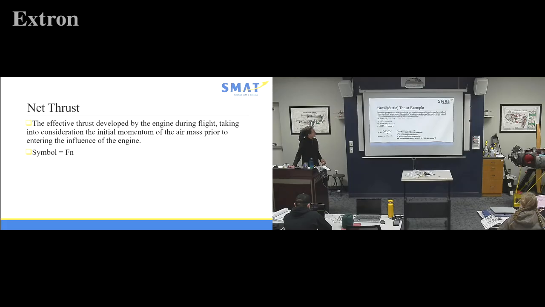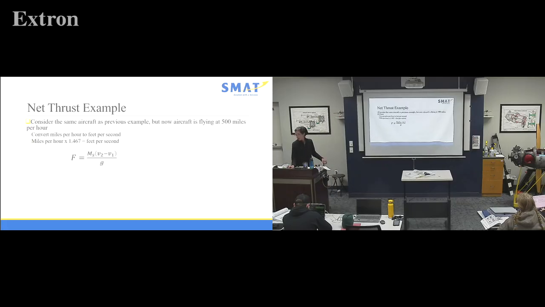And then moving forward, net thrust is the effective thrust developed by an engine during flight, taking into consideration the initial momentum of air mass prior to entering the influence of the engine. Net thrust, you just put N with F, force for thrust, so NF is net thrust.